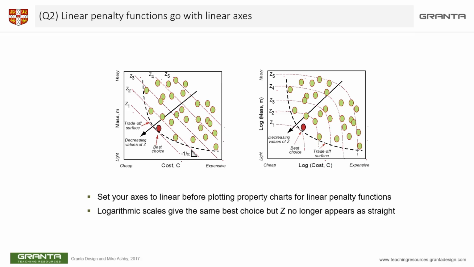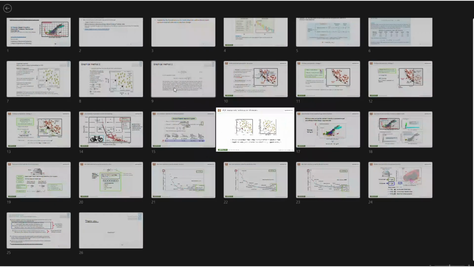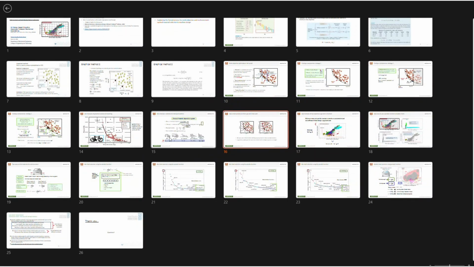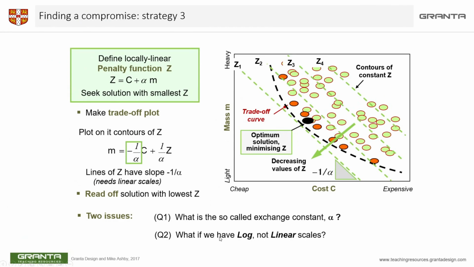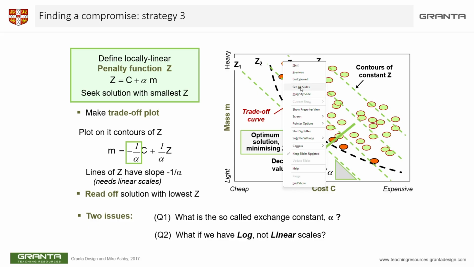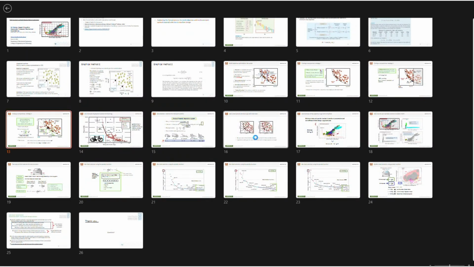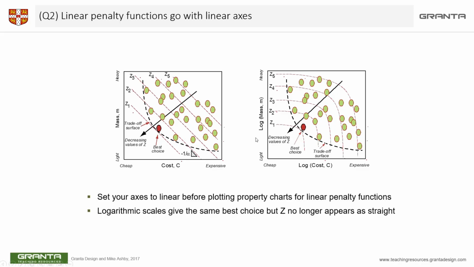So the second thing which I mentioned in my earlier slide was how do we actually apply this concept of exchange constant on CES? What you have to consider is that the penalty function itself is a linear line, okay? You can plot that on CES, but if you plot that on a graph which is in log scale, then it's not the right approach.